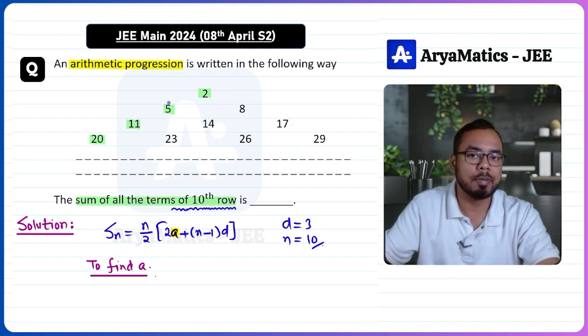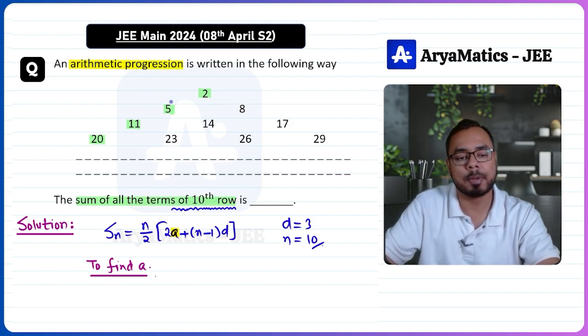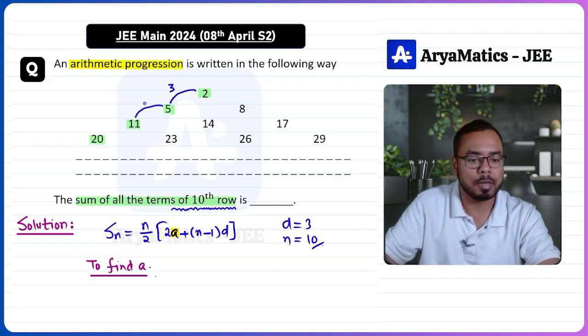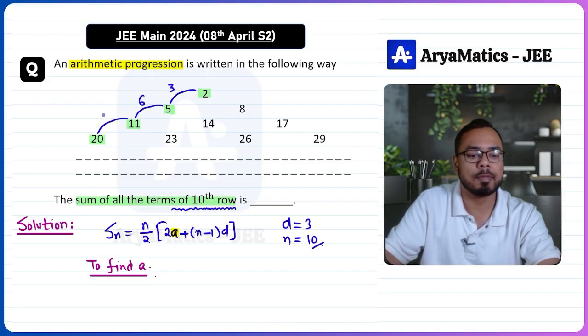Their differences are in AP. For example, the difference between 2 and 5 is 3. The difference between 5 and 11 is 6. The difference between 20 and 11 is 9. So as you can see, for the sequence of first terms, the difference is in AP.